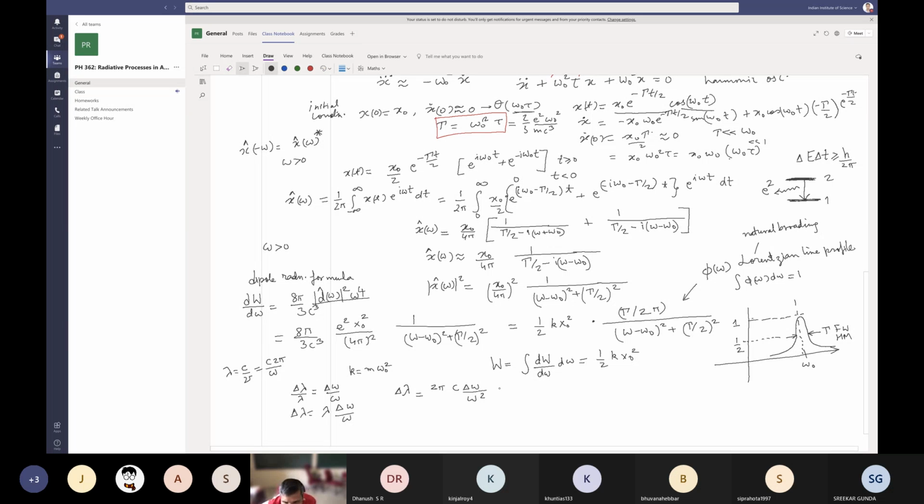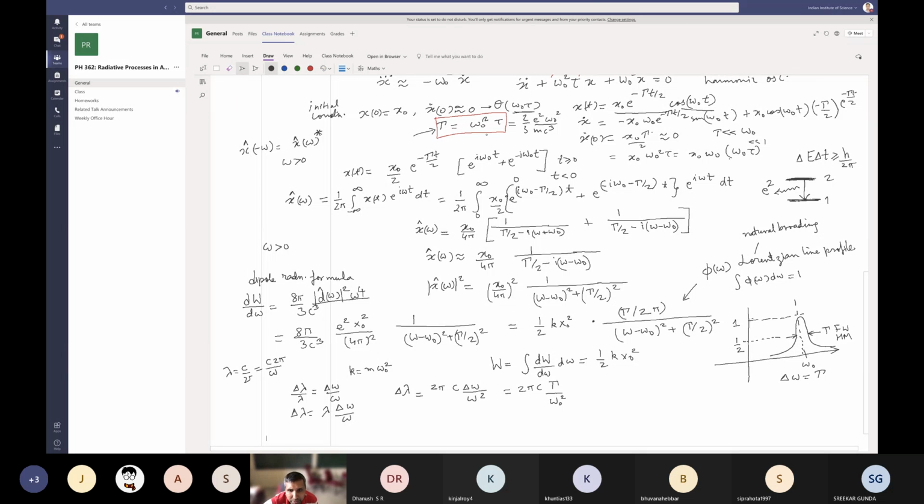And what is this delta omega? The full width at half maximum of this line profile is equal to gamma. So this is equal to 2 pi c gamma by omega naught squared. What was gamma here? It was proportional to omega naught squared.